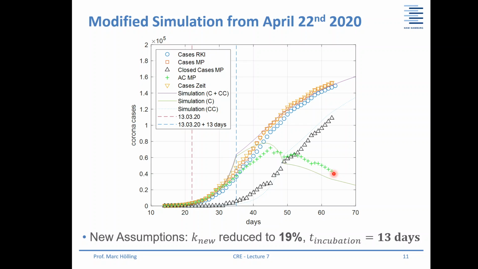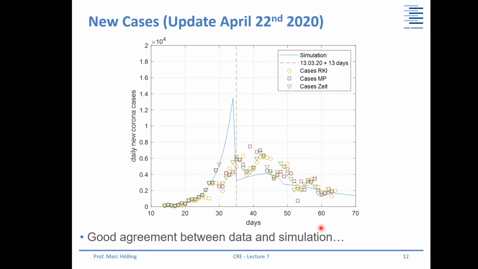So from my perspective, not that bad. It was just a minor change. It was 13 days instead of 14 days, and it's not 10% as I hoped, but 19%. So we just brought down the rate constant by a factor of 5.